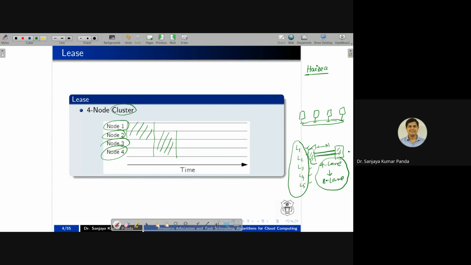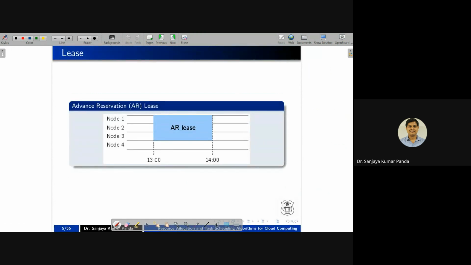I am showing you the first type of lease, that is called the AR lease. AR lease stands for advance reservation. So what is advance reservation? Advance reservation means, simply, like you have booked your train ticket. You are aware of a particular train which starts from one source and reaches a particular destination, and you have booked a particular seat in a particular coach.